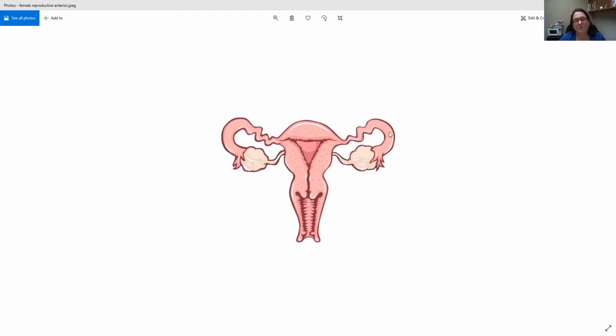Okay, the fallopian tubes lead from the ovaries to the uterus. So these are the fallopian tubes and the ovaries. The fallopian tubes and the ovaries aren't actually touching the way they are in this diagram. The ovaries release an ovum. These are fimbriae that kind of sweep that ovum into the fallopian tube. The fallopian tubes have some peristalsis that move the ovum down.